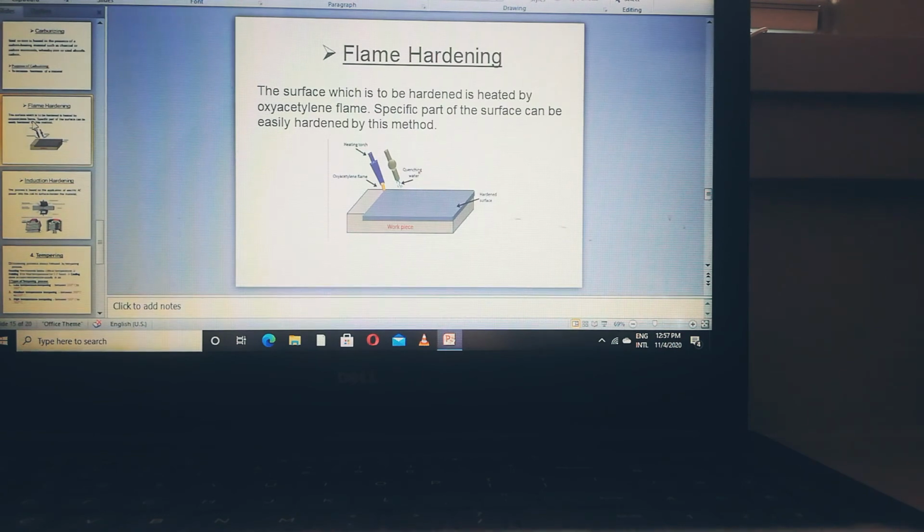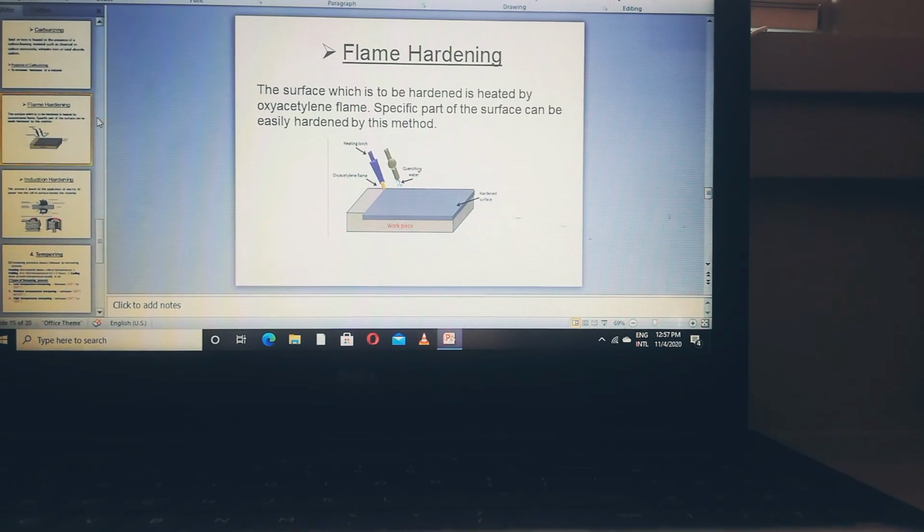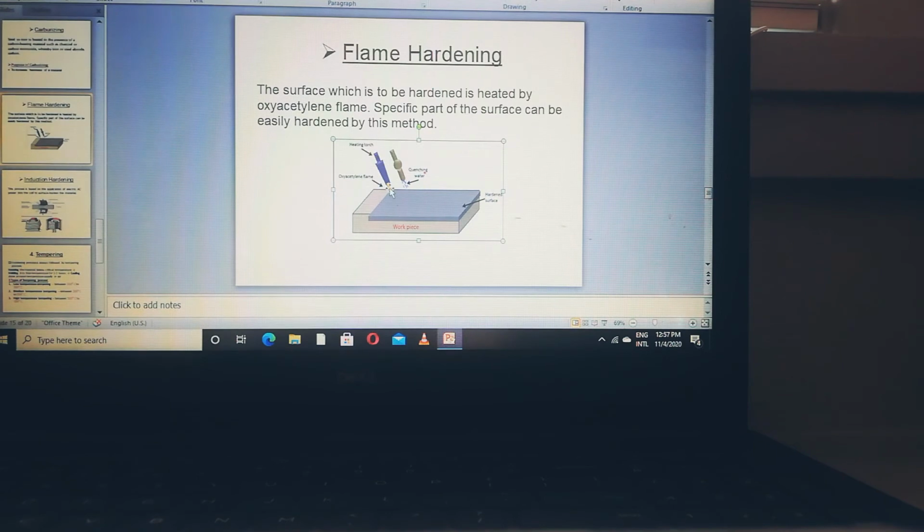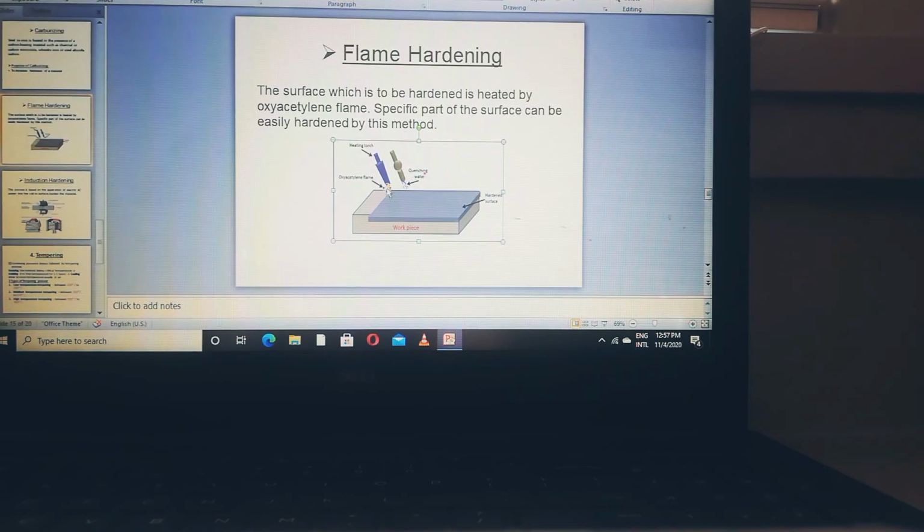Here in our picture we have this heating torch from our oxyacetylene. This is the flame onto our material here, and this is the quenching water. We are cooling our material using a medium, which is water.